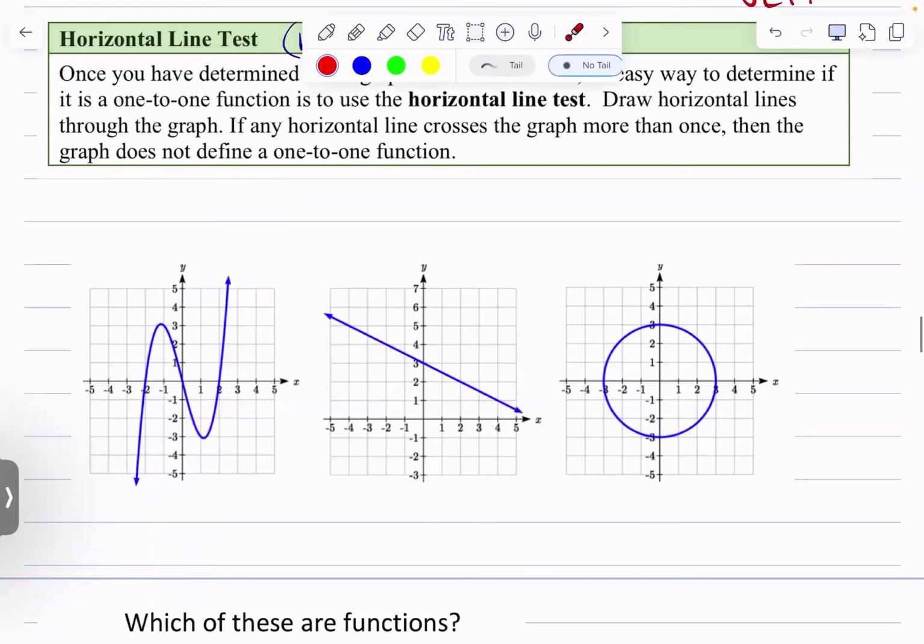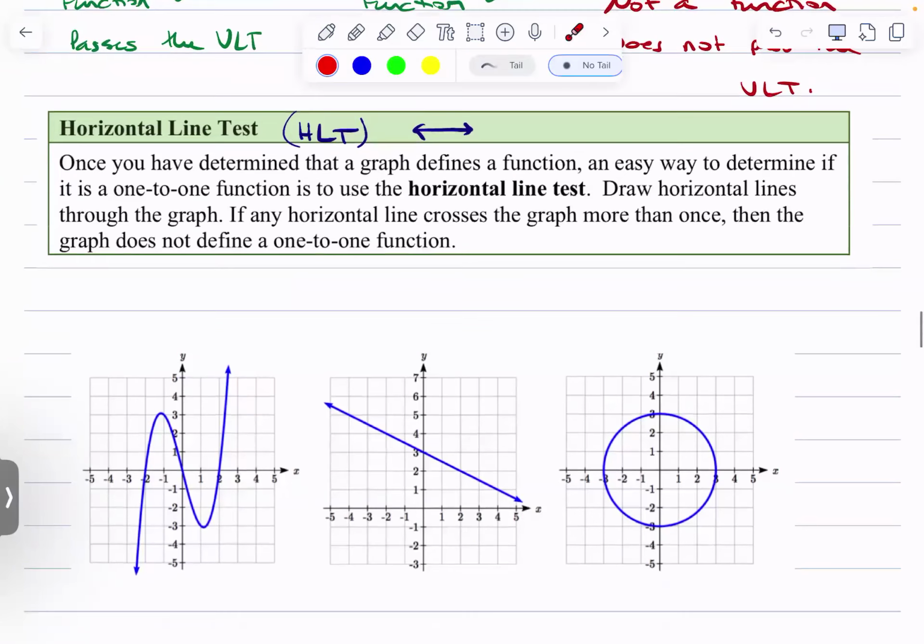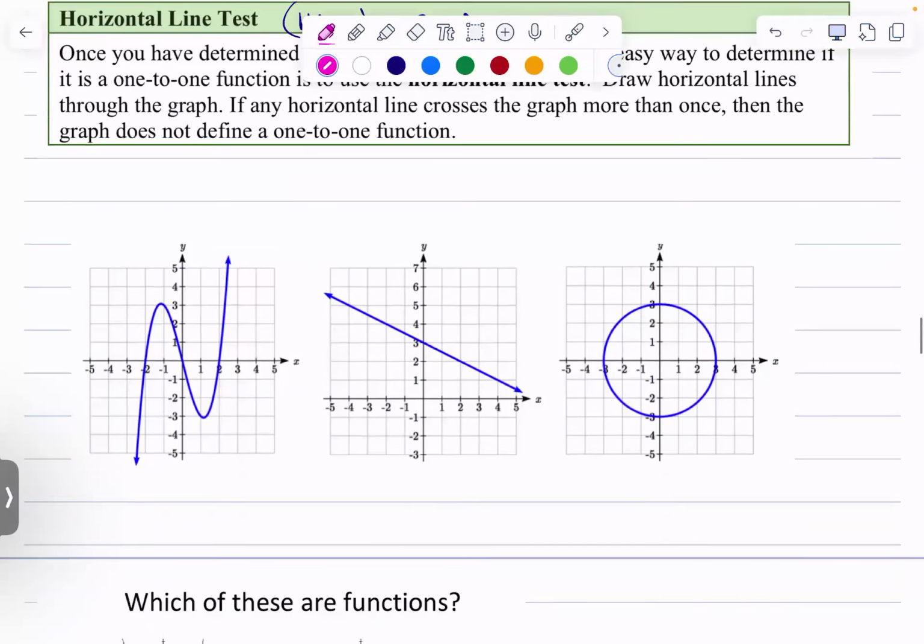And so here, let's draw some horizontal lines. Okay. This was a function, so now we're going to check. I'll eliminate this one already. We already determined it's not a function, and so it can't be one-to-one. But we will focus on these two. This is a function.